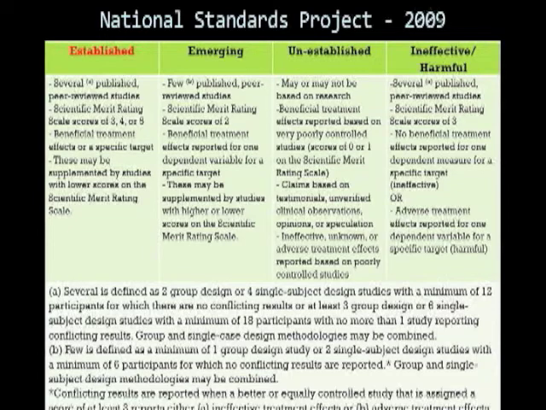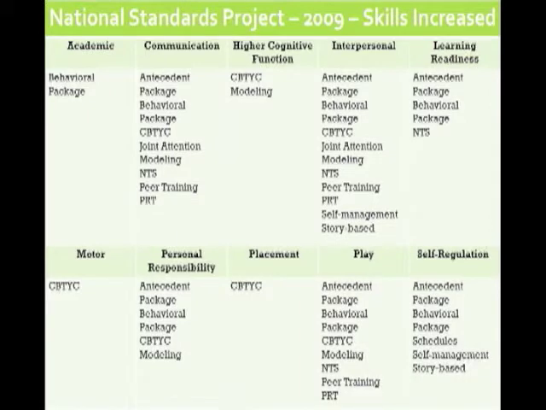But what they found under established practices was that they broke it into different skill areas. So in academic, they found these are the strategies that were established practices in working with individuals with autism. So academic, communication, interpersonal skills, learning readiness, motor skills.